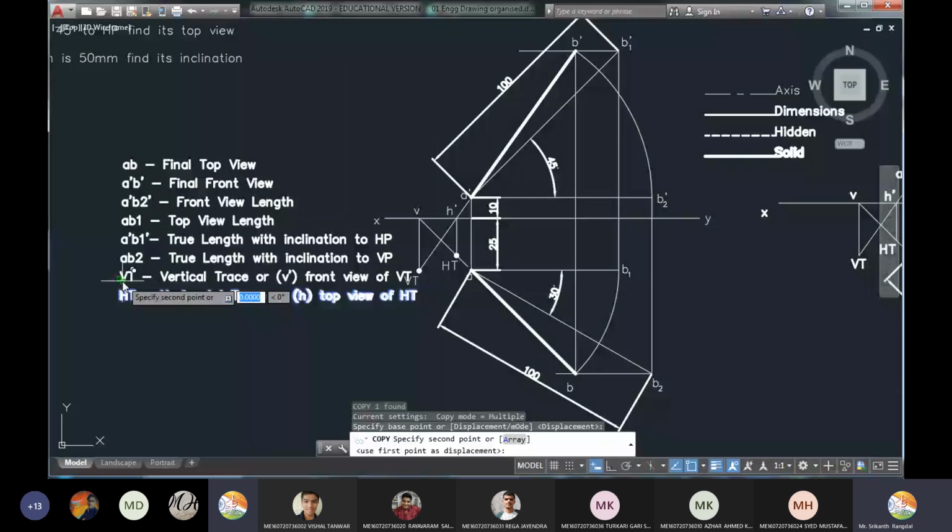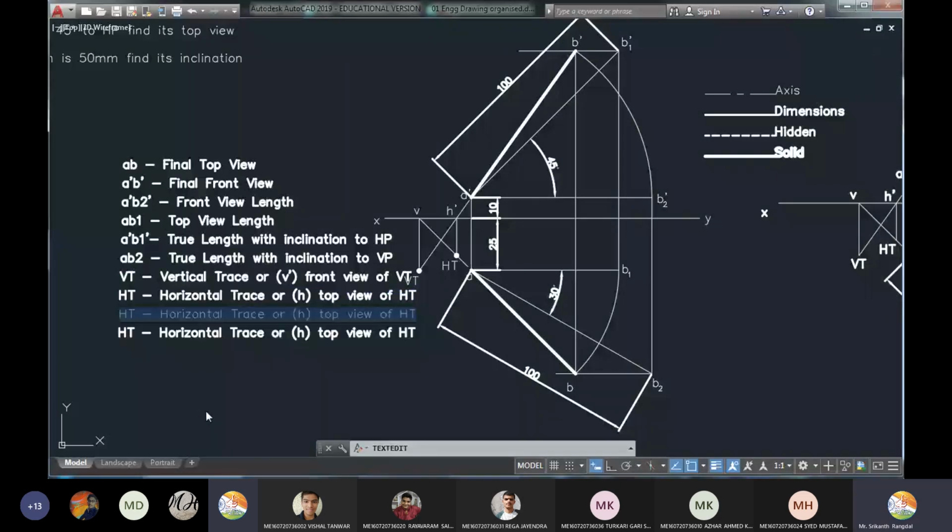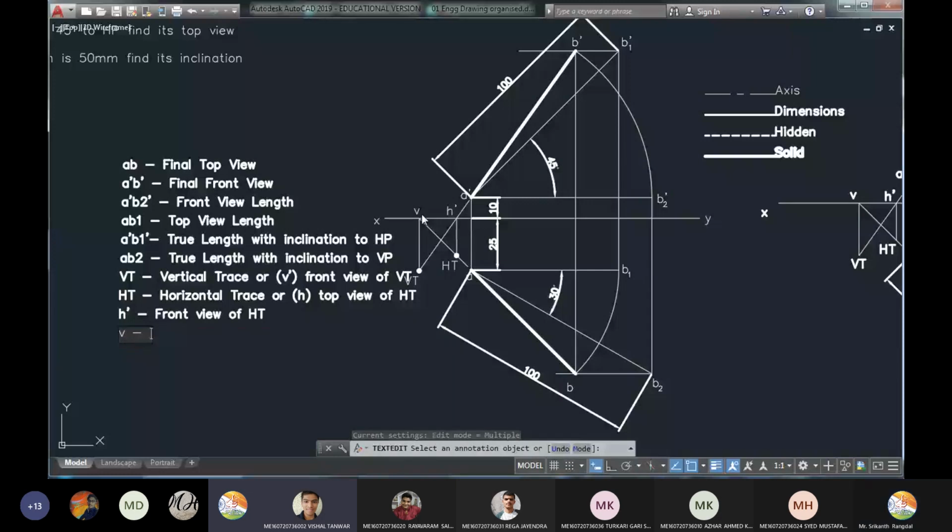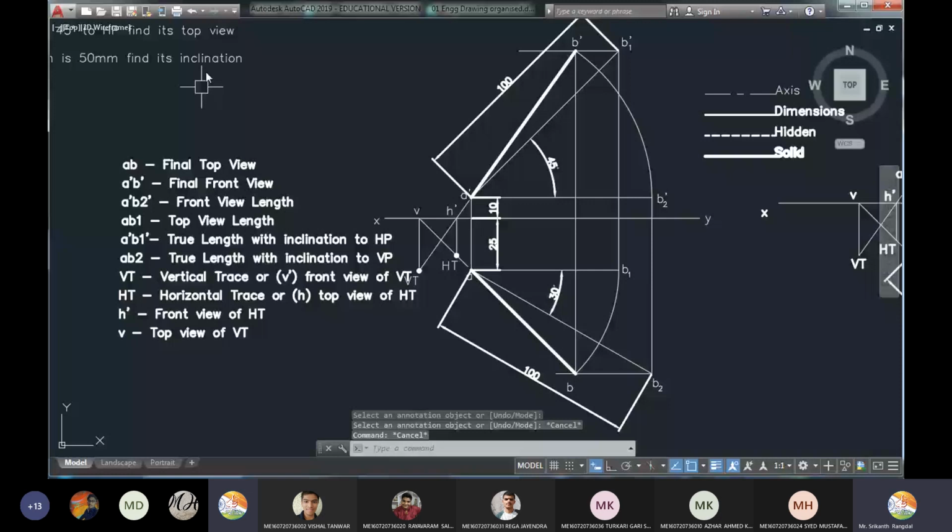H dash. What is H dash? Front view of HT. And we have V. What is V? Top view of VT. Okay. So many variables are there, and one of these variables will be mentioned in any given question.